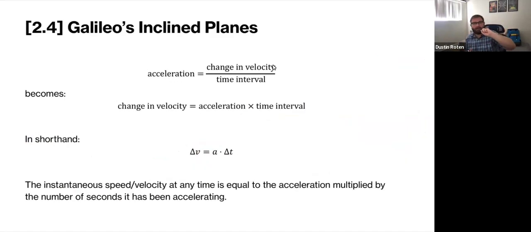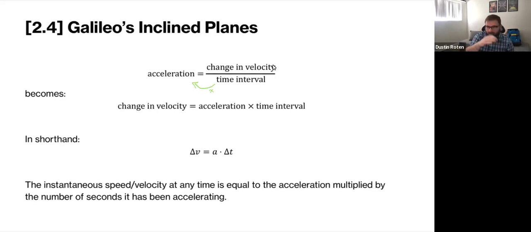So let's take this original definition, acceleration equals change in velocity over time interval, and let's rearrange this as well. Same thing as last time, we're just going to multiply the time interval part over, and that's just going to give us acceleration times time equals change in velocity.